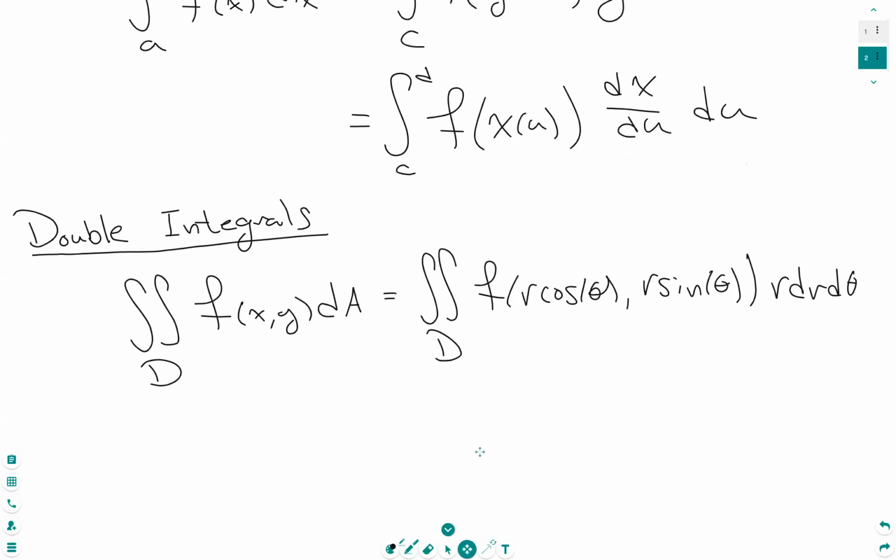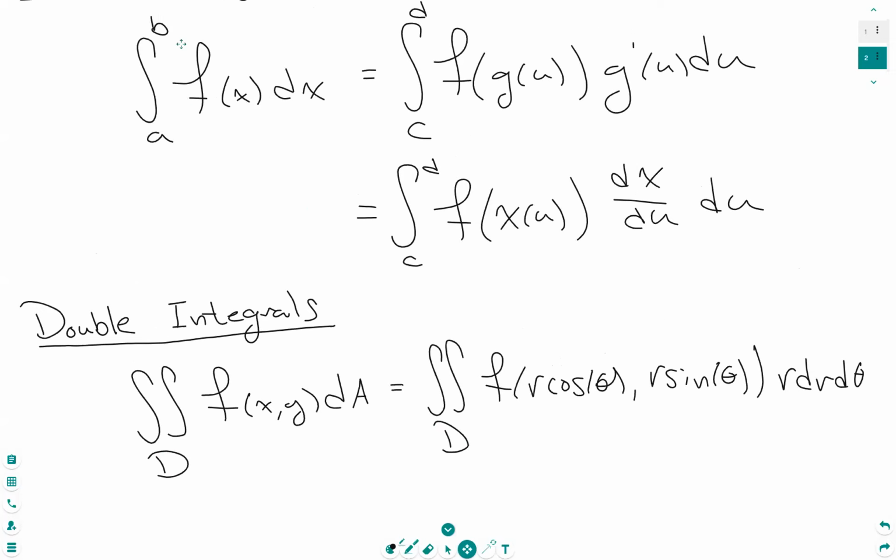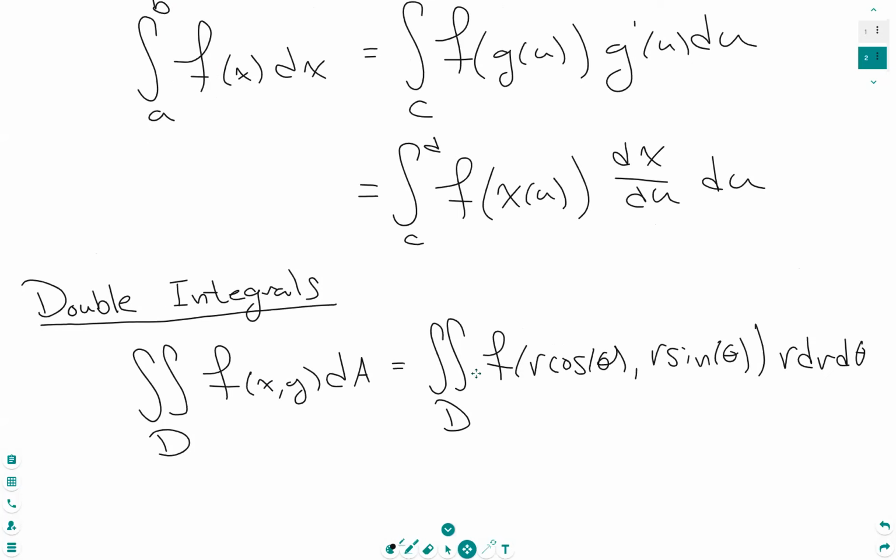So Cartesian to polar coordinates is a really simple example because the region that we're integrating over doesn't change, right? Notice that I have D here and I have D here. But in the 1D case, maybe it's not necessarily true that my bounds stay the same. Cartesian to polar is really nice that way. Any point in Cartesian translates to the same point in r and theta.